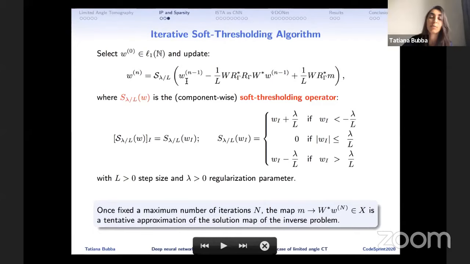To the previous iterate, we subtract 1 over L, where capital L is the step size of the method, times the representation of the normal operator of the limited angle transform in the wavelet basis, applied to the previous iterate of the coefficients, plus 1 over L times the operator applied to the measurements. To all this we apply the component-wise soft thresholding operator according to the parameter lambda over L.